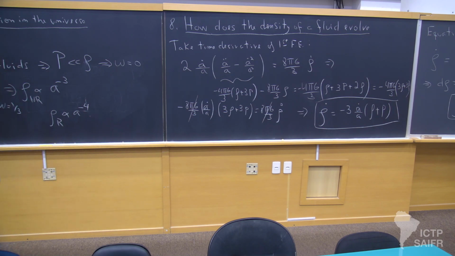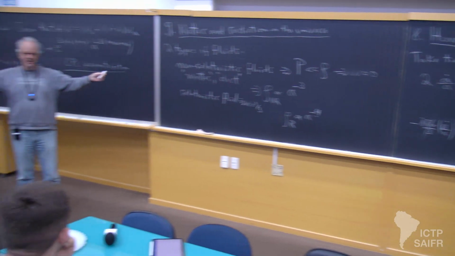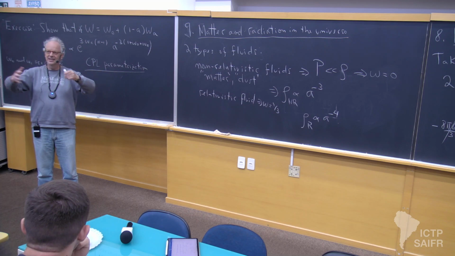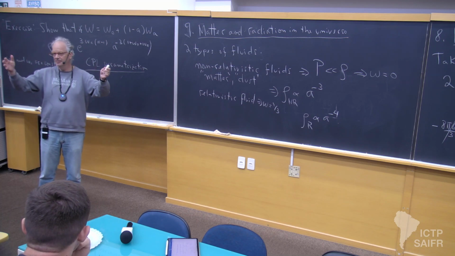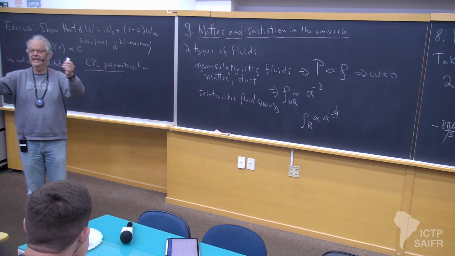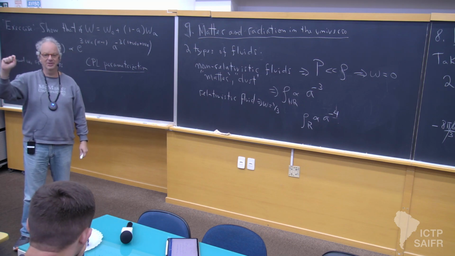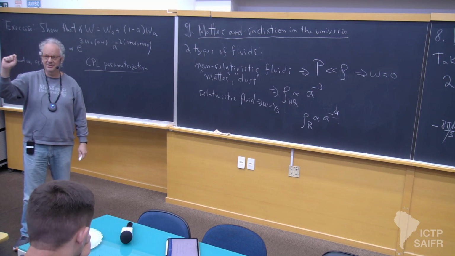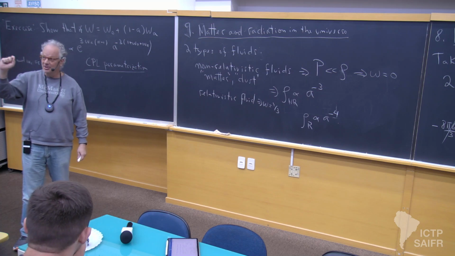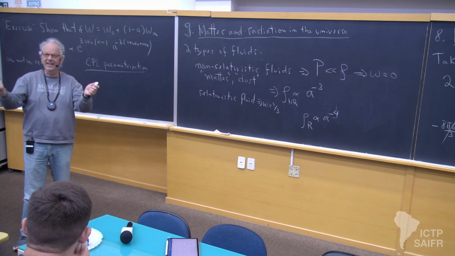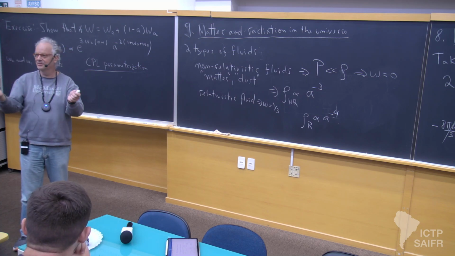So how do we understand this? It's like having a box with photons in an expanding universe, right? So if the box increases in size, the number of photons is the same. So the number density of photons decreases as 1 over the volume again. However, you have to remember that the photons have energy which is proportional to their wave number.